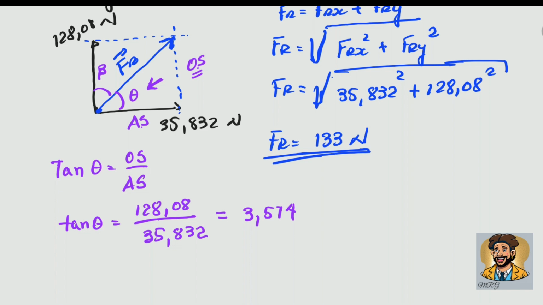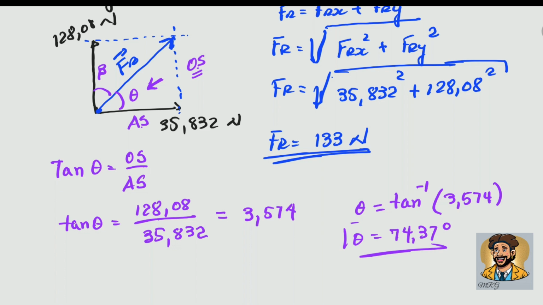I'm going to leave it there, but that is not theta, that is tan of theta. So to calculate theta, it is equal to tan to the power of minus 1, and you can type it exactly like this in the calculator, 3.574. You can do it like this from the beginning, and when you do that, you will get that the angle is equal to 74.37 degrees. That is the angle we just calculated.